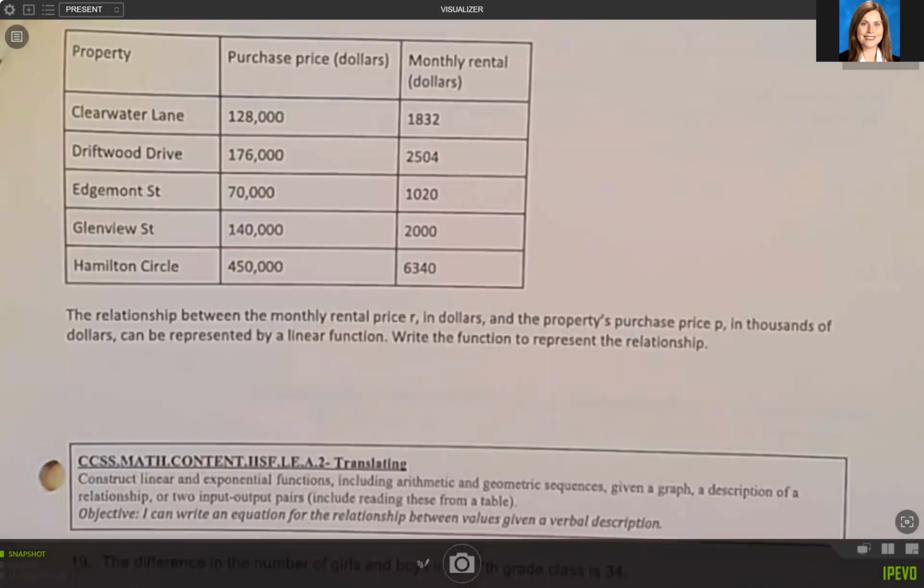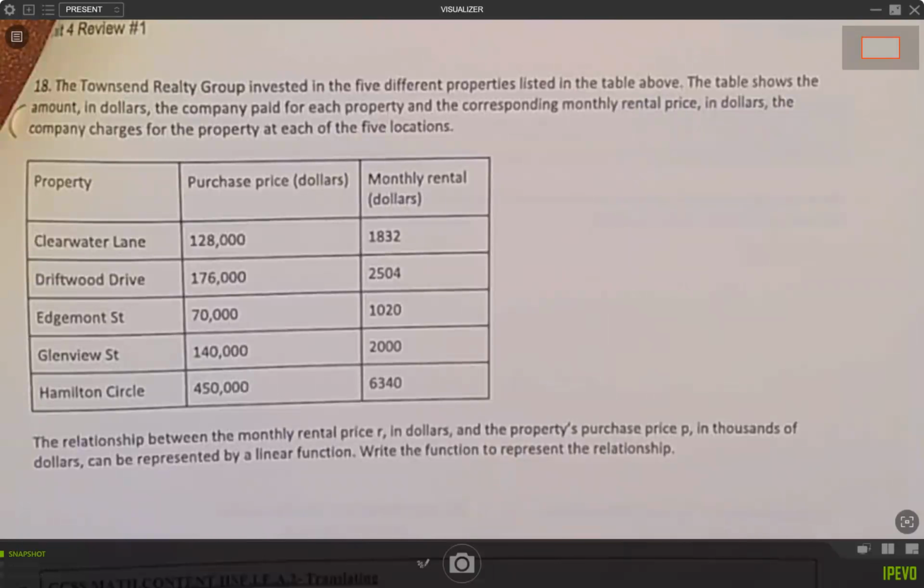Okay, so our next problem we have is the Townsend Realty Group invested in 5 different properties listed in the table below. The table shows the amount in dollars the company paid for each property and the corresponding monthly rental price in dollars the company charges for the property at each of the 5 locations.